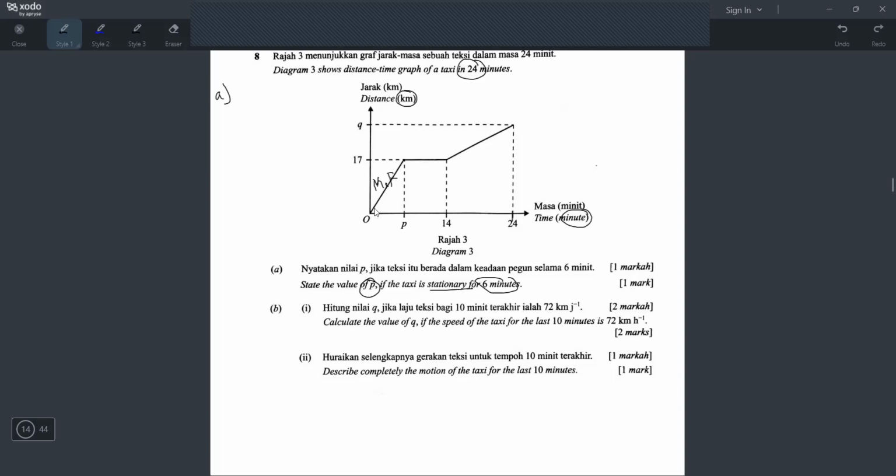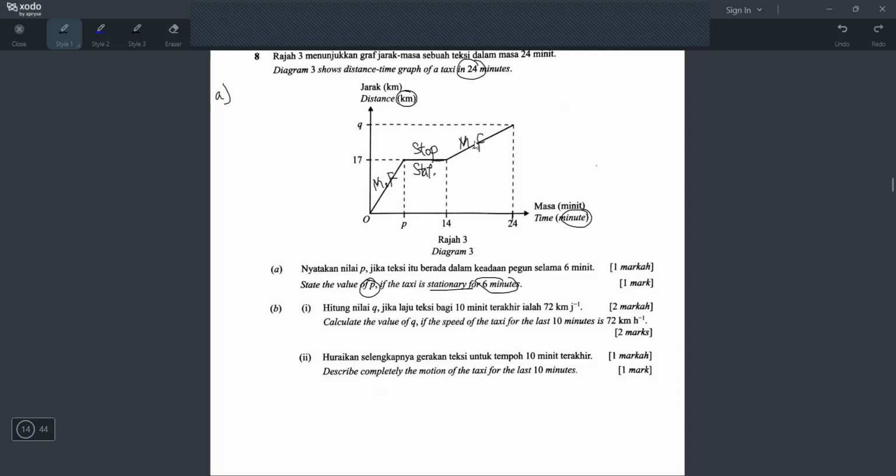This is what happens on this line. The taxi moves forward. What happens here? The time is increasing, but the distance never changes. It means here the taxi stops. Okay, and another word for stop is stationary. They are the same meaning. And then what about here? This one is moving further forward.